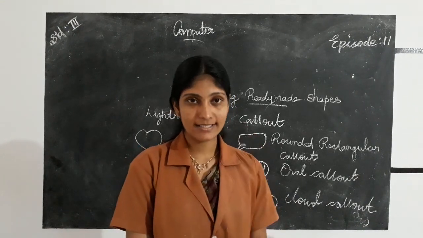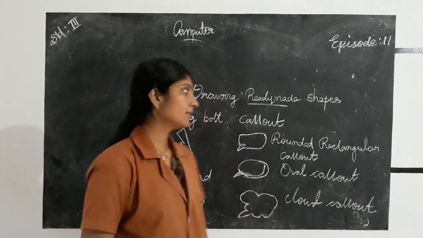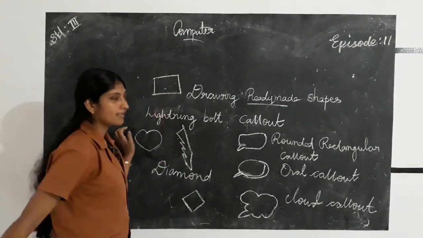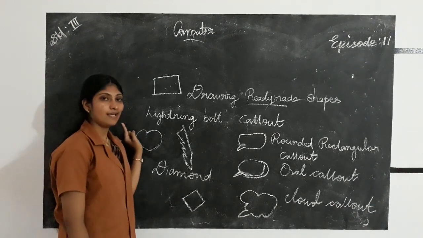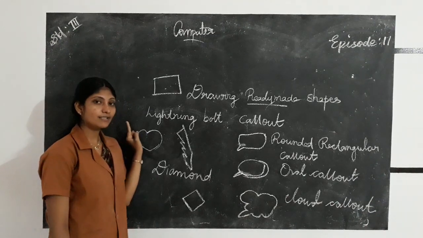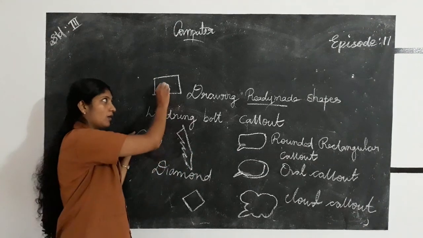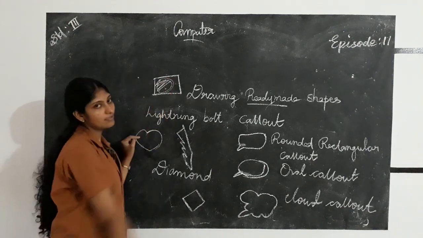Finally, the color will fill the closed shape. For example, here this is your rectangle, and if you want to color it, go to the Home tab, click the fill with color tool, select a red color and click on it. Finally, the closed surface is filled with the red color.